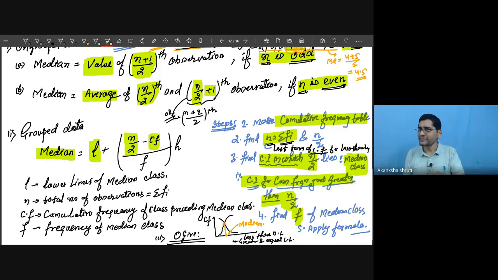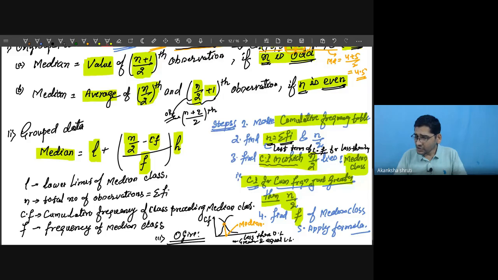Means just preceding, before that, what is the cumulative frequency value, that you have to look. That is called CF, cumulative frequency preceding the median class, and f is the frequency of the median class, and h is the class interval or interval. We just have to substitute. So the symbol meaning is written here.